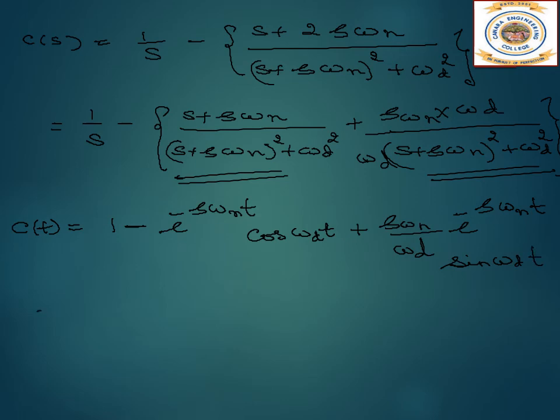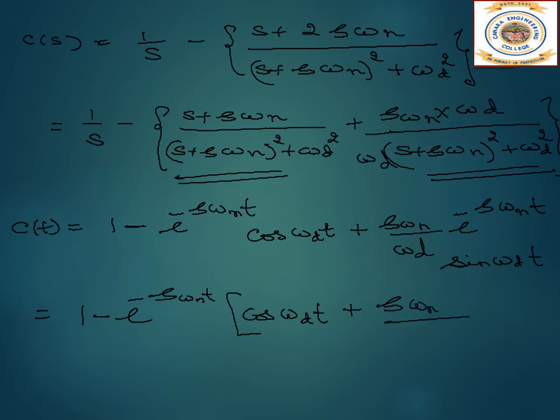Then further I can take 1 minus e to the power minus zeta omega n t common, and here I get cos omega d t plus zeta omega n.